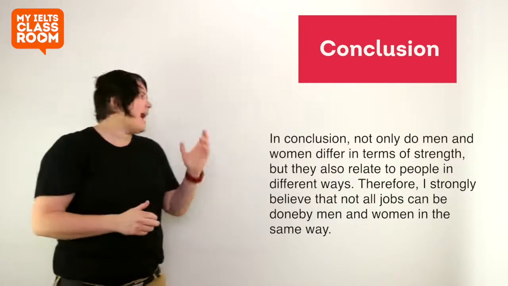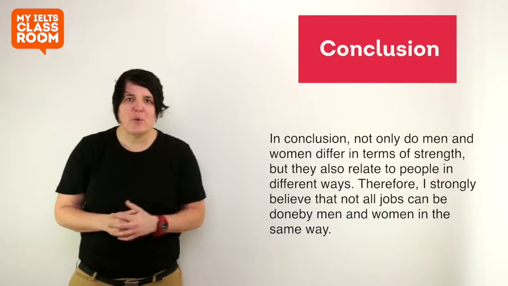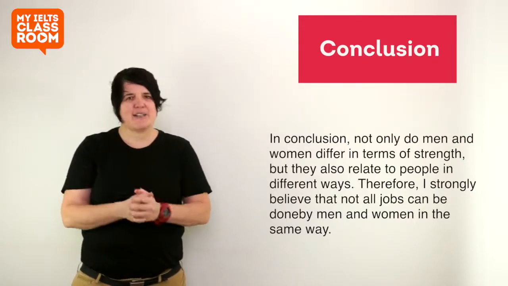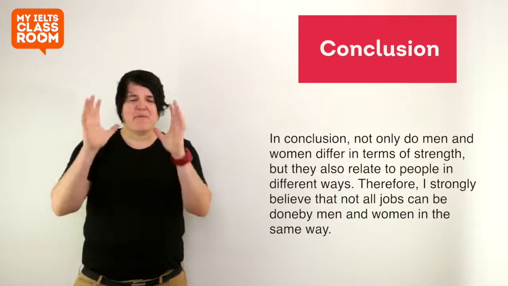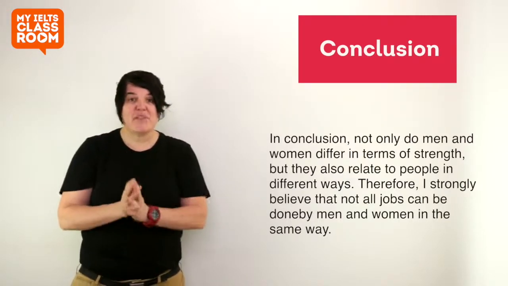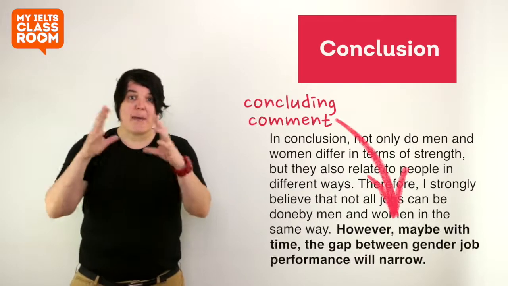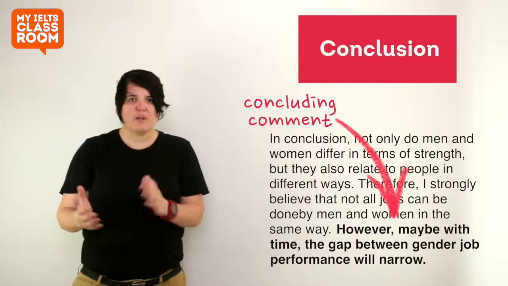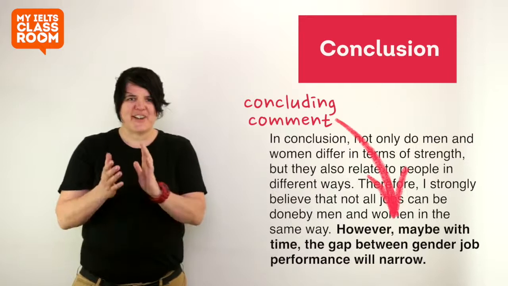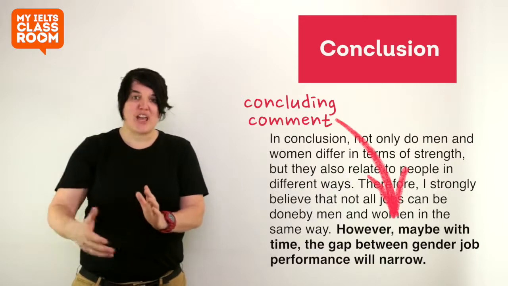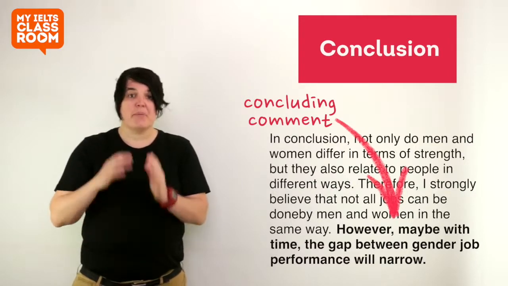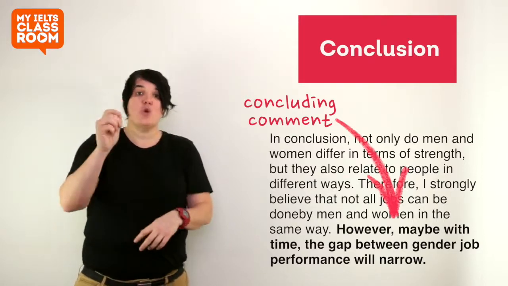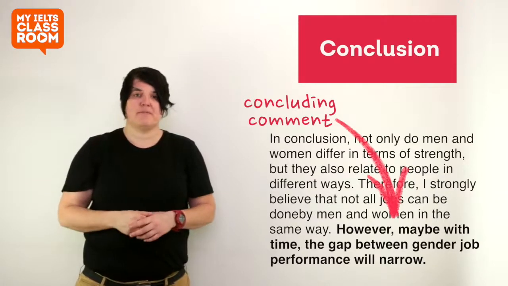If I only had 220 words or 230 words here, I could then maybe add a concluding comment, some philosophical idea, something like this. However, maybe with time, the gaps between gender performance will narrow. So here I'm just putting a suggestion about the future. But this is not necessary if you have more than 250 words.